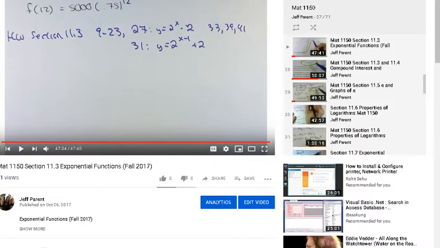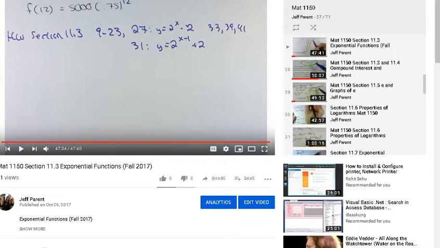We'll start with problem number 26. What I've given you on the back of this handout is the graph of y equals e to the x. Problem 26 asks us to graph y equals negative e to the x. So let me make that negative out front a little bit more clear. What's that negative going to do to our graph? Yeah, it's going to flip it around the x-axis.